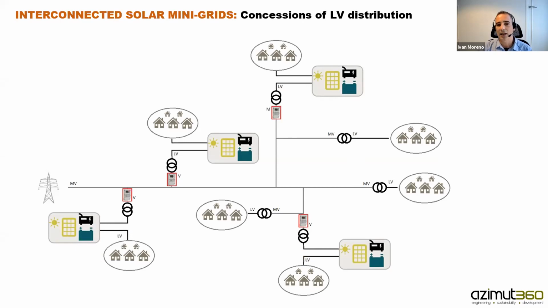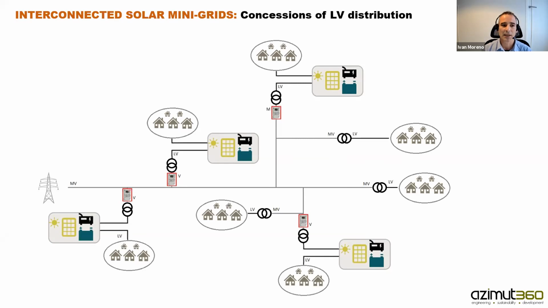But in this case, there are concessions to install PV generators in different communities, connected to the low voltage lines of the villages before the step down medium voltage transformer, so that they can use both electricity from the utility grid as well as the energy produced in their own PV installations as a self-consumption model.